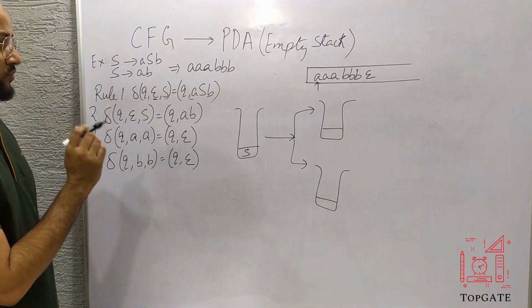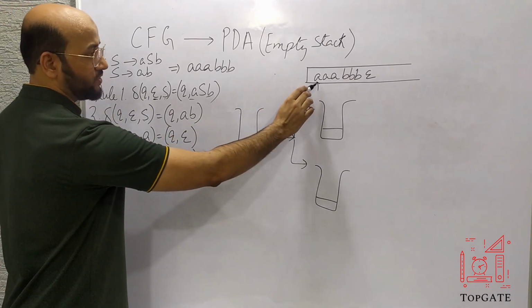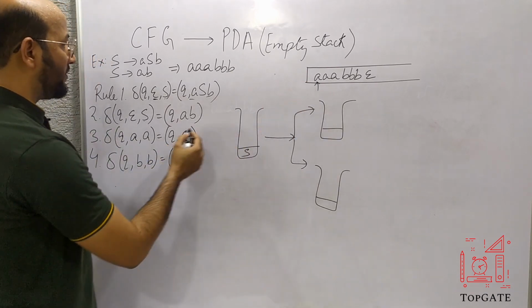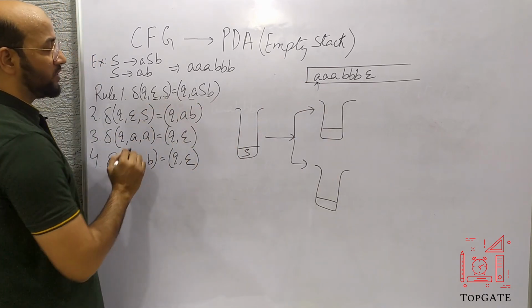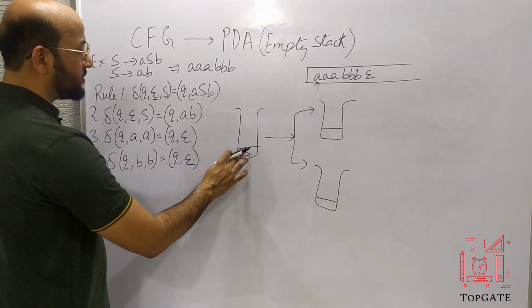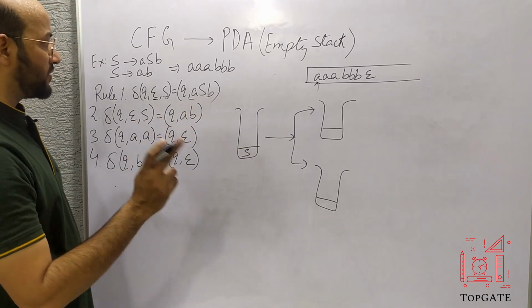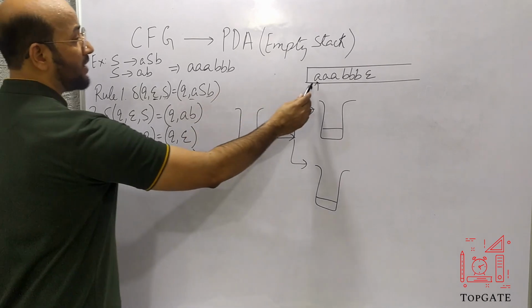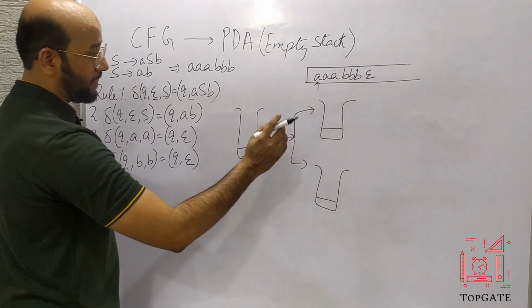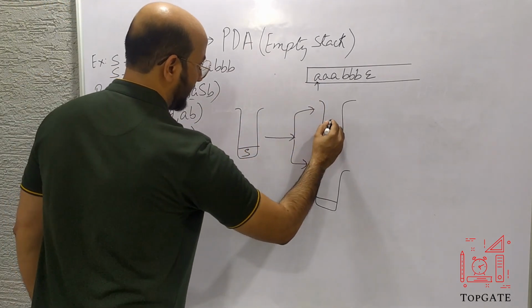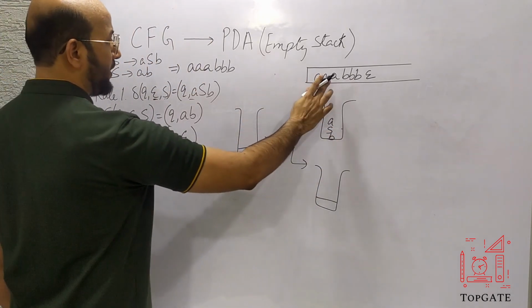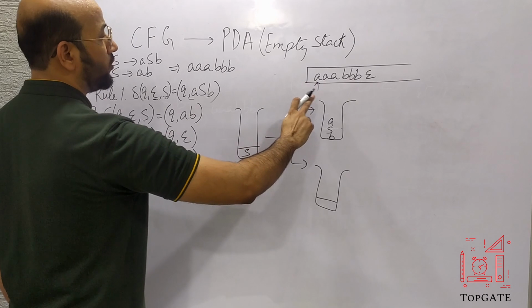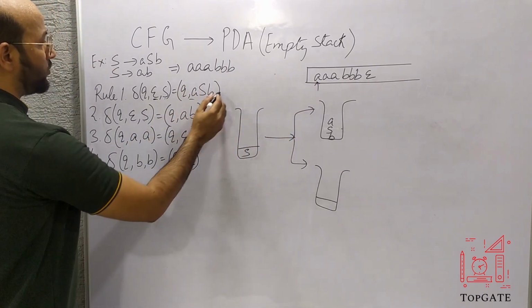So I'm not reading this A. What we have to do is simply push A S B into the stack. So in place of this S, A S B will be pushed into the stack and this pointer will not move on to the next A. So I will write A S B here and this pointer will not move to the right-hand side. This is for this rule.